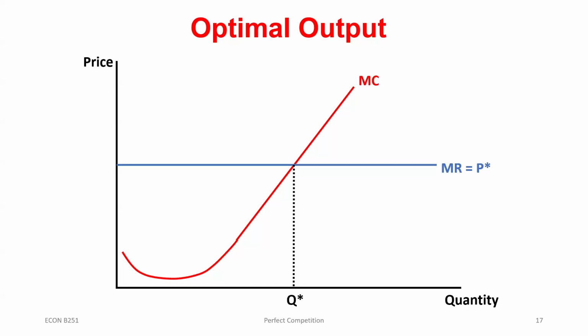We said this is the firm's demand curve or the firm's marginal revenue, which is the amount of revenue I make for every unit I sell, whatever that equilibrium price is. Now, I'll just take away the gains from specialization portion of the marginal cost curve. I'm just going to focus on when we start to see diminishing returns, because as long as we have gains from specialization, we should always want to produce more. We're just lowering our cost, marginal revenue is staying the same.